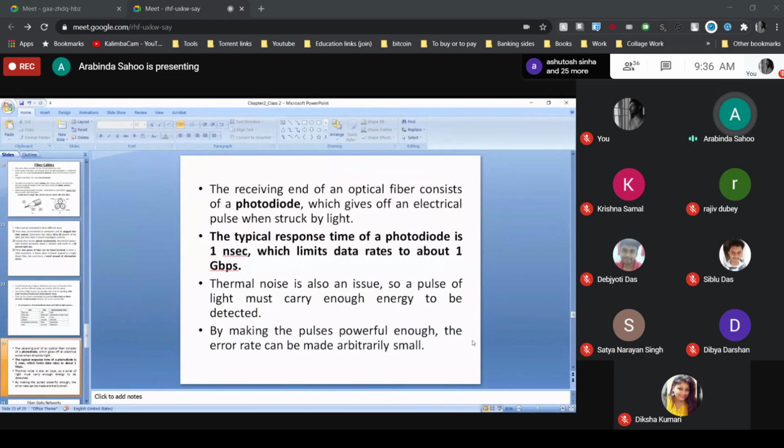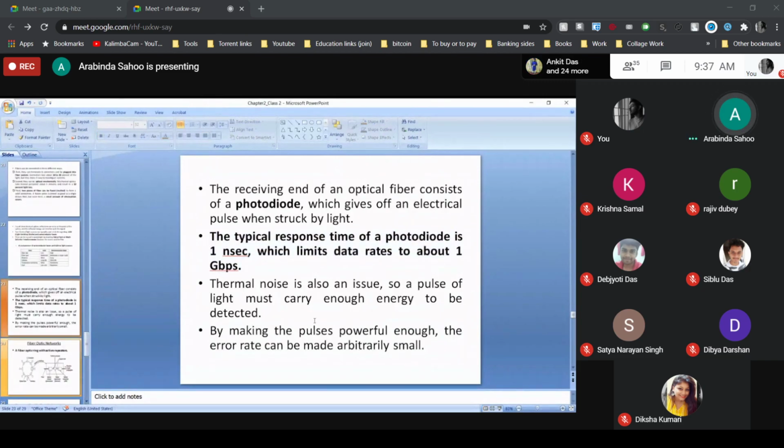But nowadays, whatever photodiodes exist have a response time of 1 nanosecond, so we cannot exceed a data rate of 1 Gbps. Simply remember or write down this one: the typical response time of a photodiode is 1 nanosecond, which limits the data rate to about 1 Gbps.